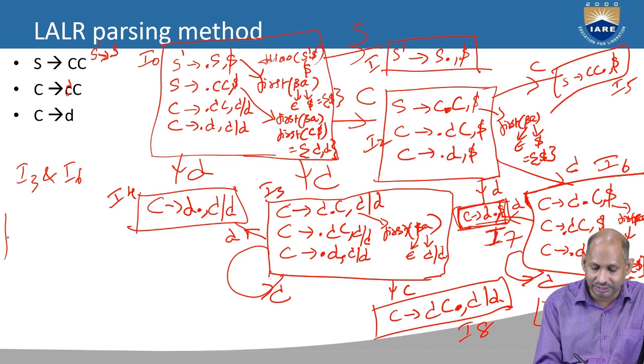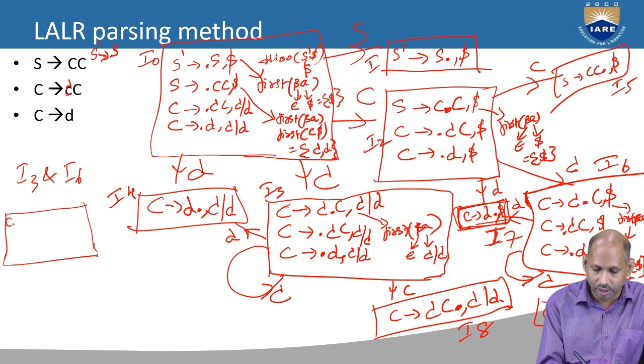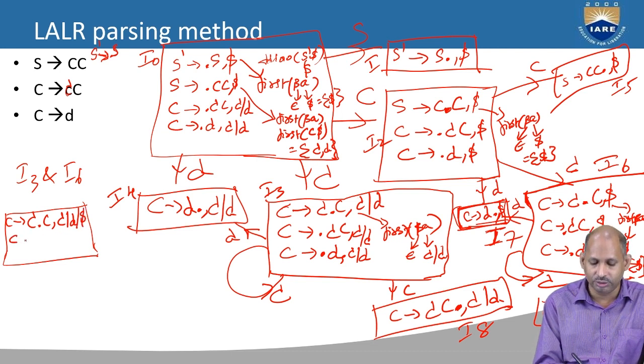So by combining I3 and I6, we'll get a new group: C gives small c dot C, slash small c small d $sign, and C gives small c small c d $sign.